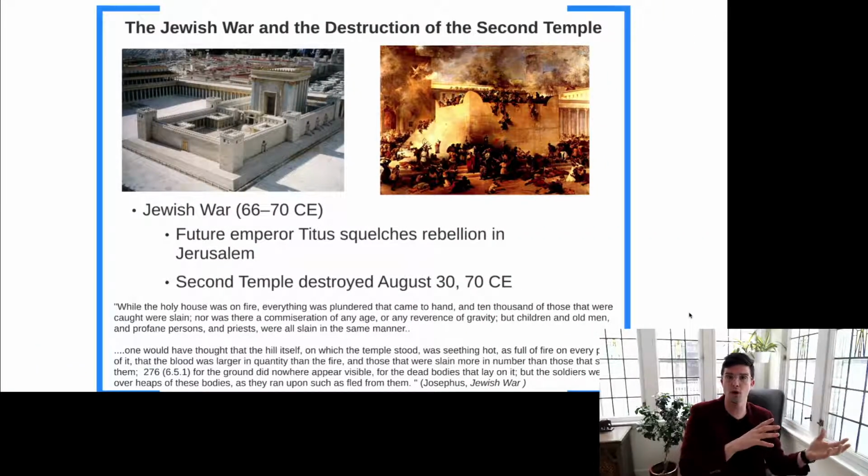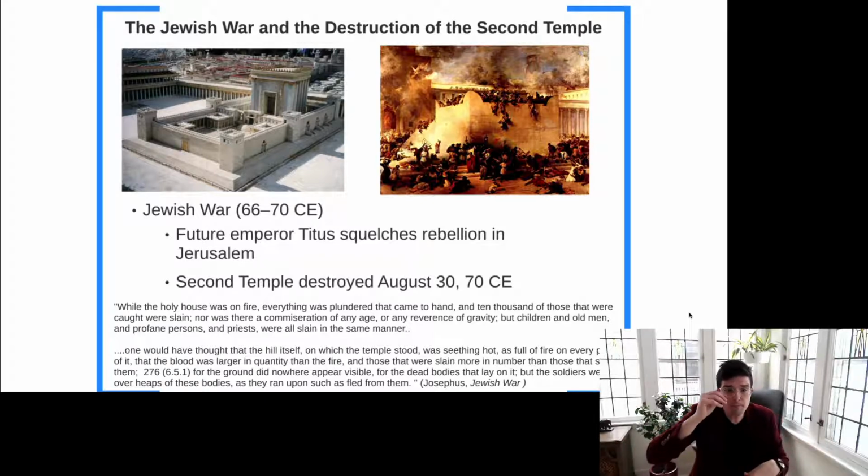The Jewish War, which was the culmination of Jewish popular unrest that really started with the Roman ruler Pompey and with the Herodian puppet kings, came to a head in 66 to 70 CE, where we have these Jewish revolts that the Romans squashed.